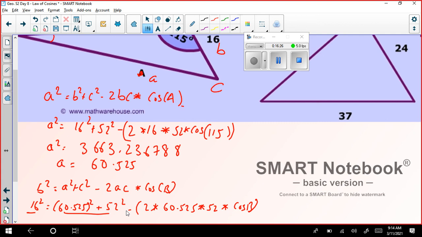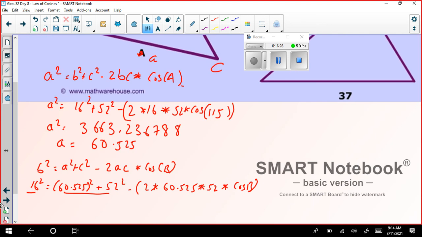So the next step is 16 square minus 60.525 square. Okay, subtracting 60.525 square on both sides and subtracting 52 square on both sides.